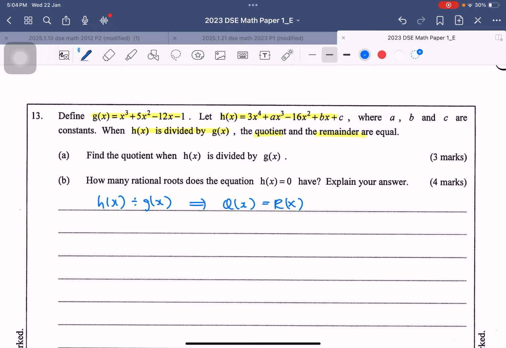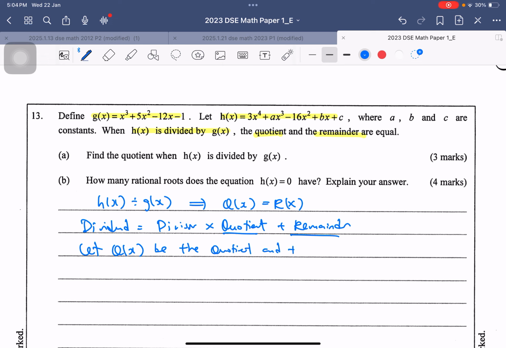So we can use the relationship between the dividend, divisor, quotient, and remainder, which is that the dividend is equal to the divisor times the quotient plus the remainder. Because the quotient and the remainder are the same, we can let q(x) be both the quotient and the remainder.